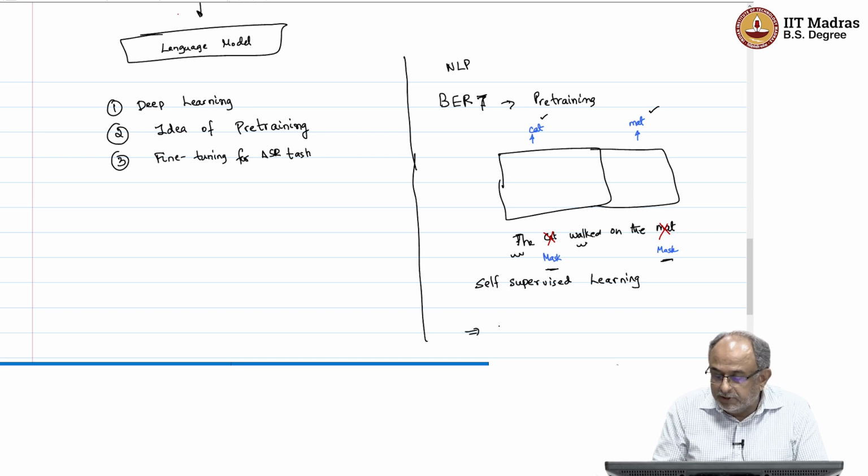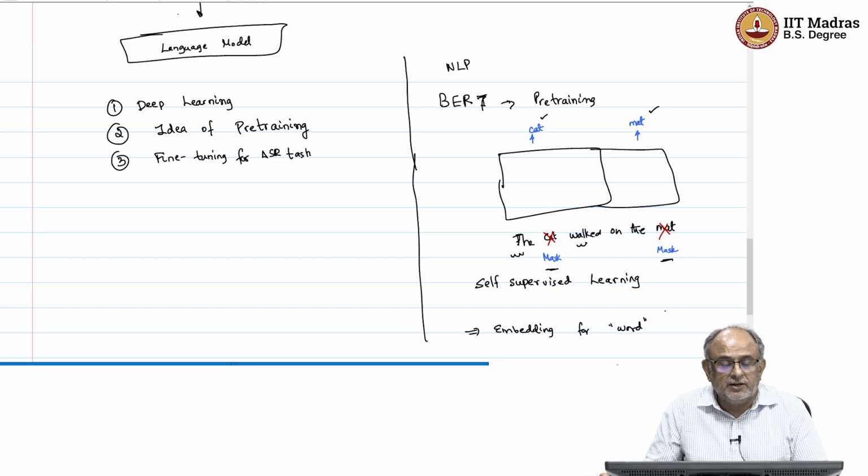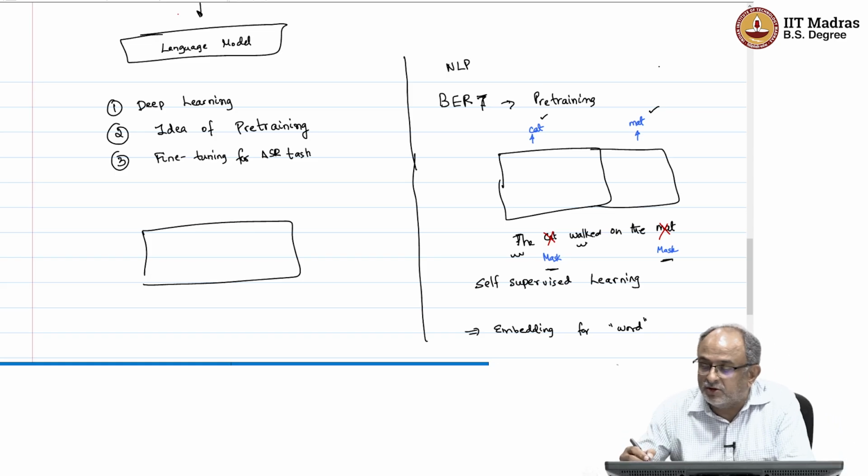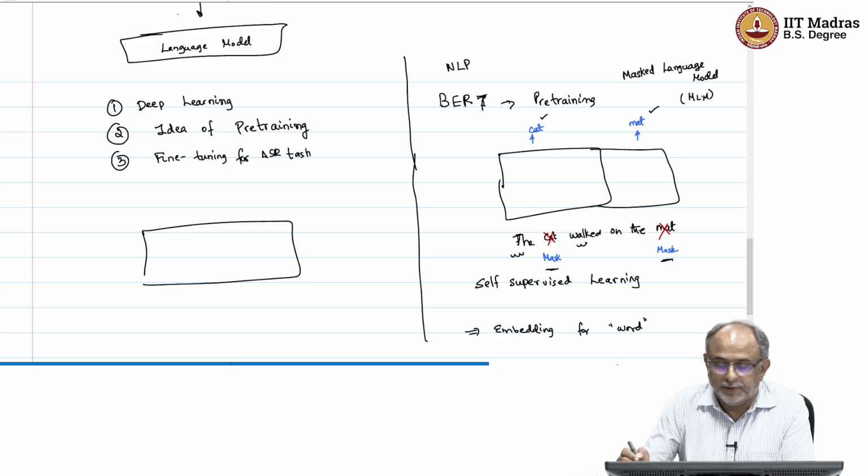If you train this network, you get very good embeddings for words, if I learn how to do it for lots of data. Similarly, in speech we have a concept, and this is again using the concept of the masked language model, MLM.